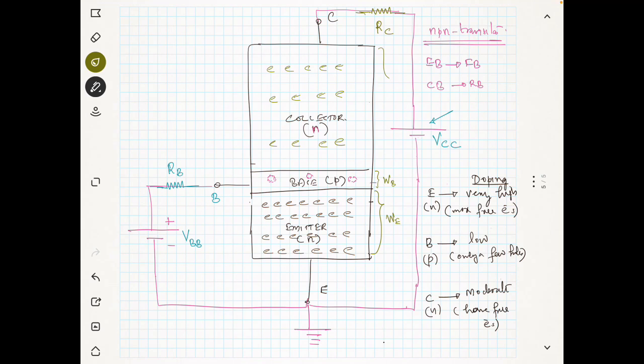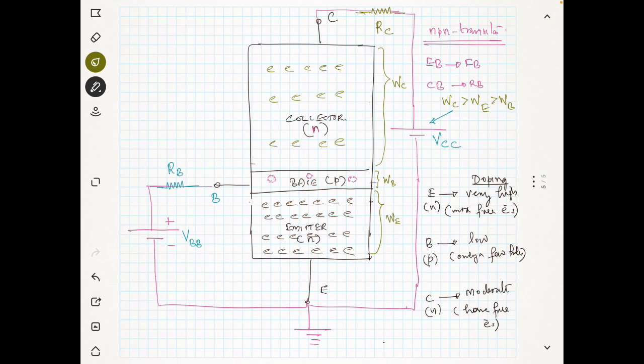You can also see I have drawn something here. This is the width of the collector. The width of the collector is very high, greater than the width of the emitter, and the width of the emitter is greater than the width of the base. That means the base is very narrow. The width of the base is very small.